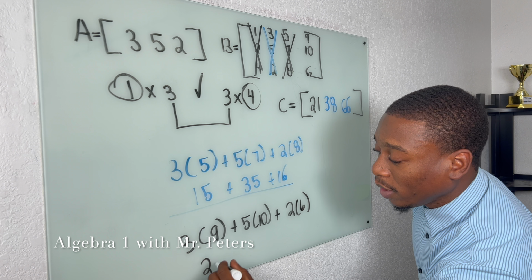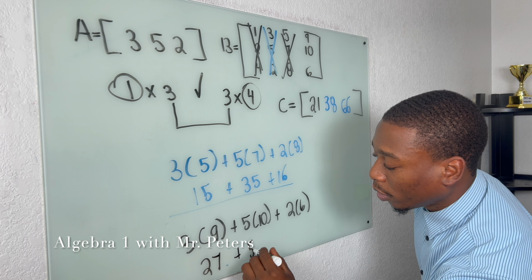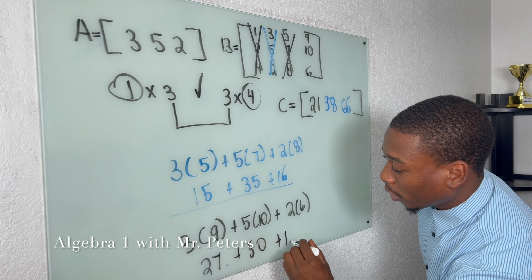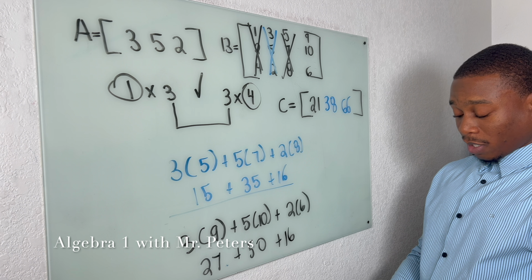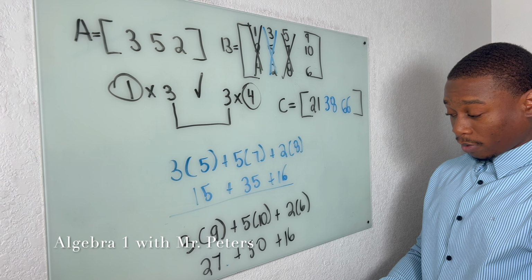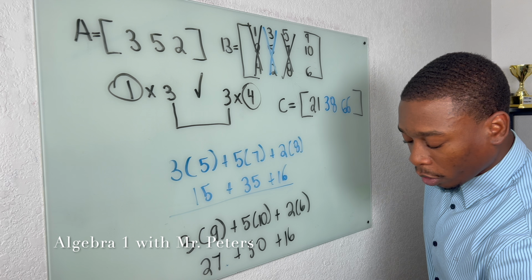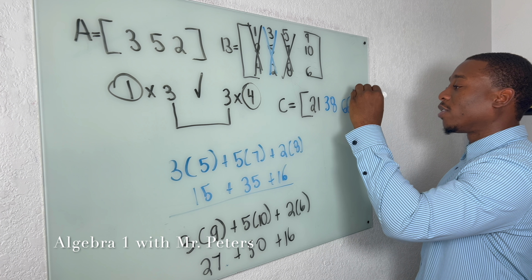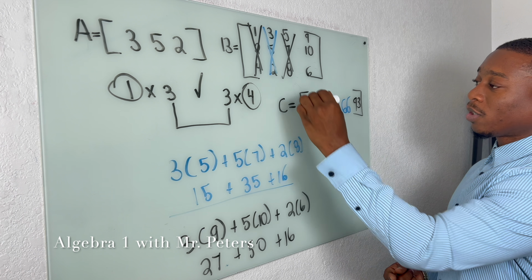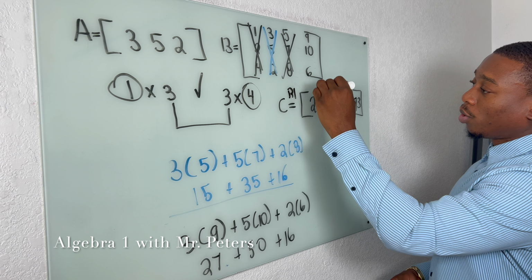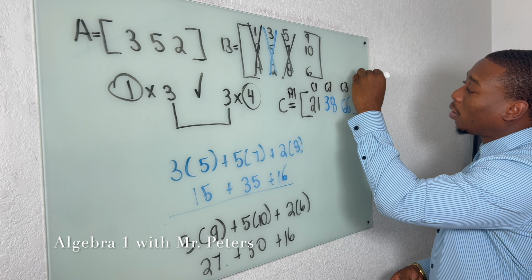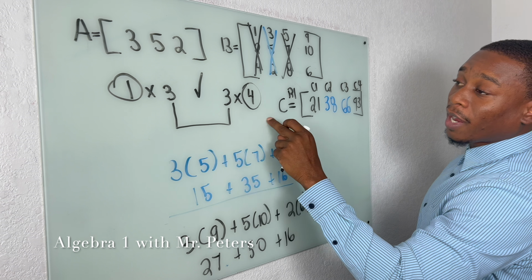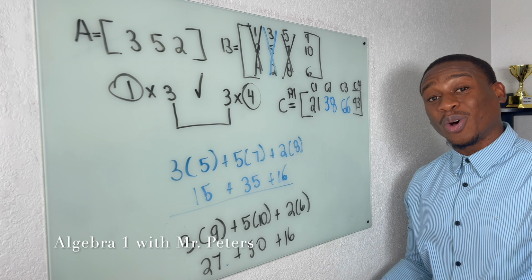And we get 27 plus 50 plus 16. And when we simplify, I think this is going to give us 93. Let's just double check. Yeah, we're going to get 93 as our answer. And when we look at this, we only have one row, column 1, column 2, column 3, column 4, just like those two outside numbers told us.